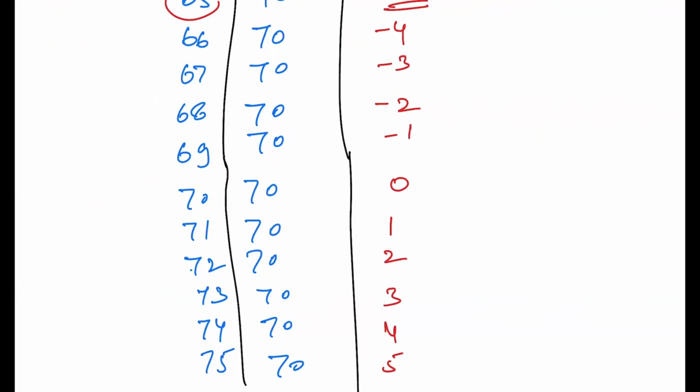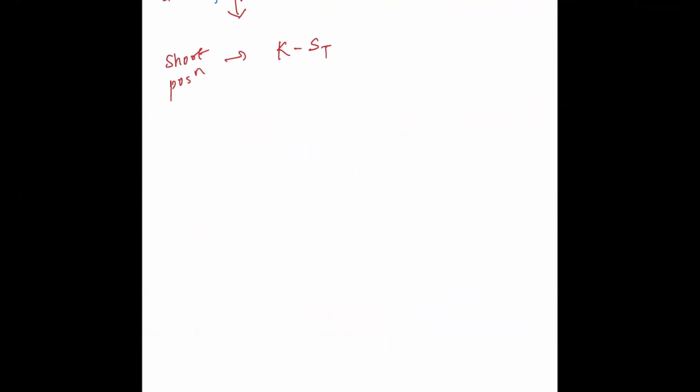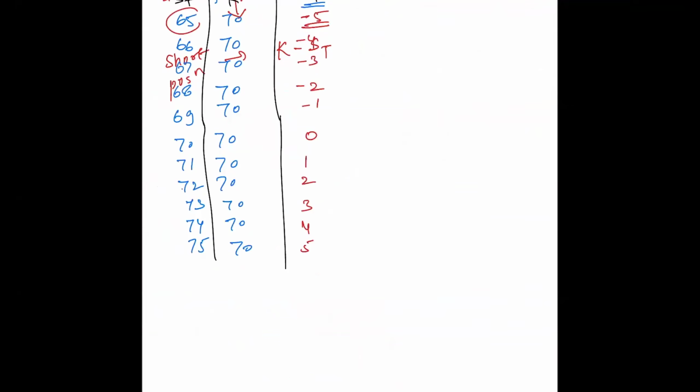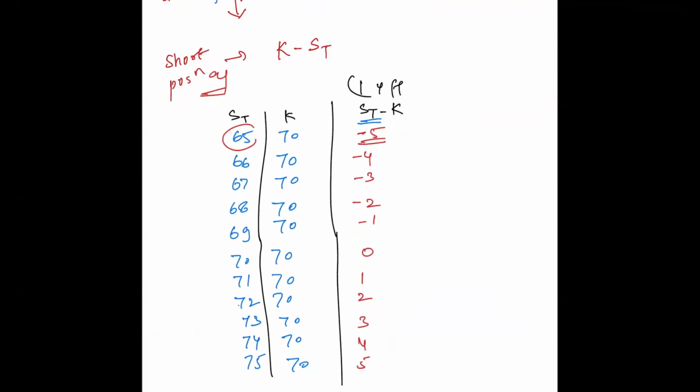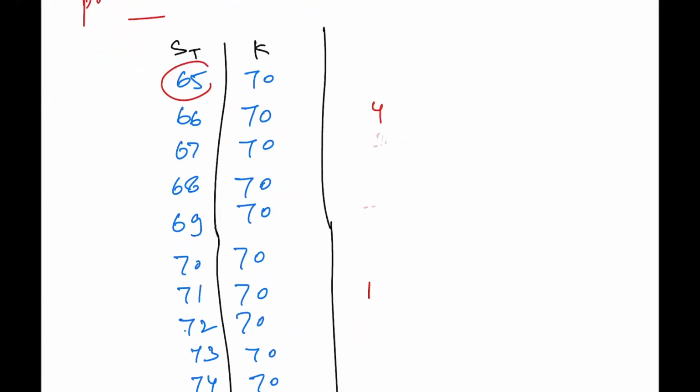So basically what we can do is we can copy this. Okay. So we know the payoff for a short position is nothing but K minus ST, right?